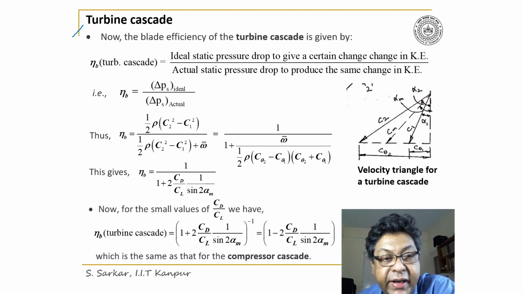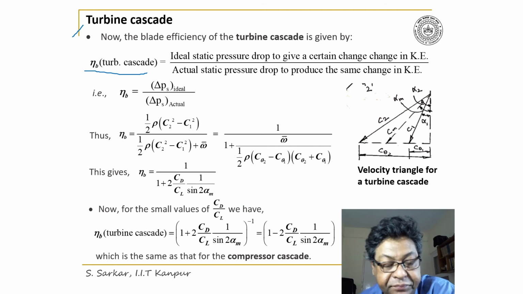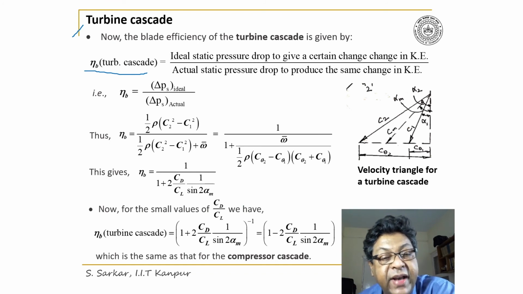Thus, I have defined blade efficiency for turbine cascade as ideal static pressure drop to give a certain change in kinetic energy divided by actual static pressure drop to produce the same change in kinetic energy. Thus, eta b I have defined as del Ps ideal divided by del Ps actual, where del Ps means change in static pressure.